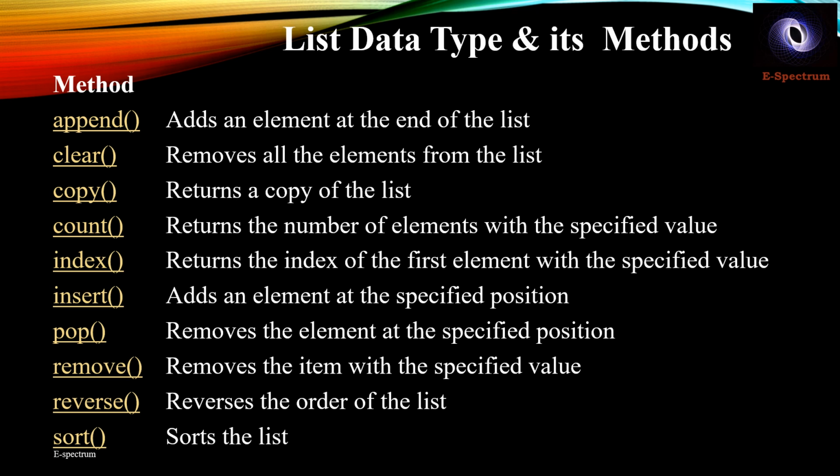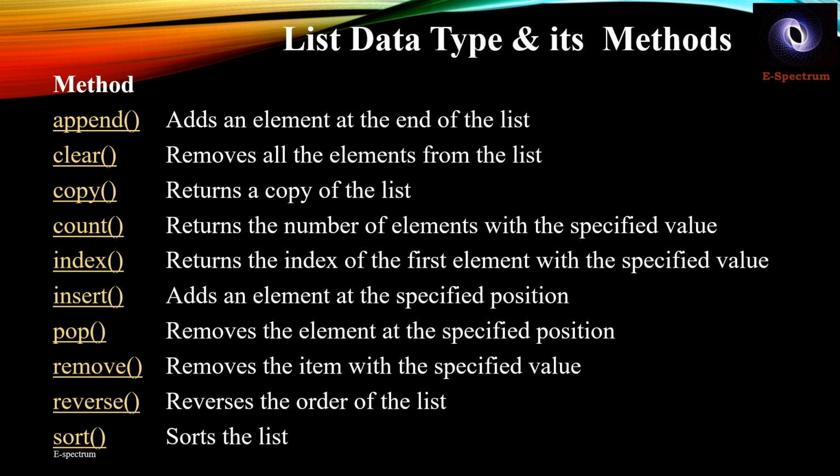So different methods have different uses, like sort will sort the list, count will count the occurrences of a particular element in the list, clear will remove all the elements from the list, copy will copy the list into a different variable, and append is used to add an element at the end of the list.